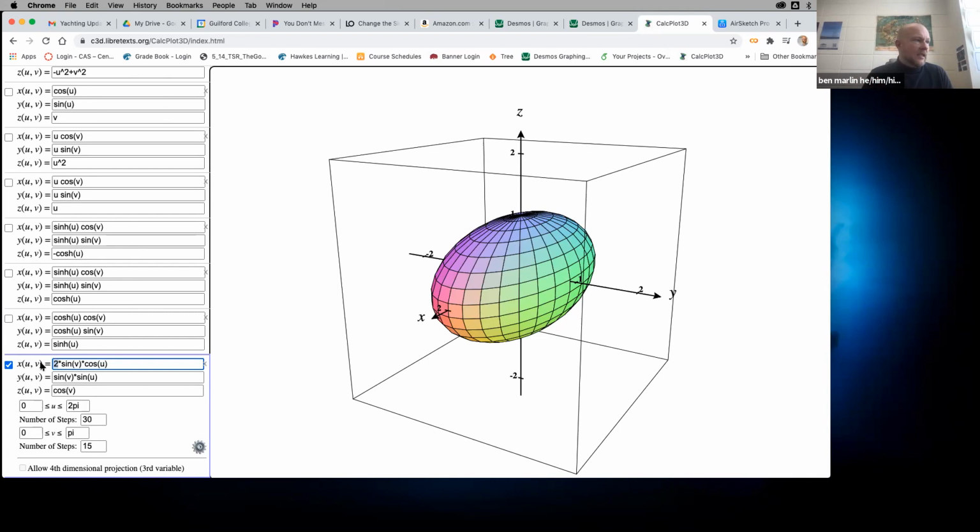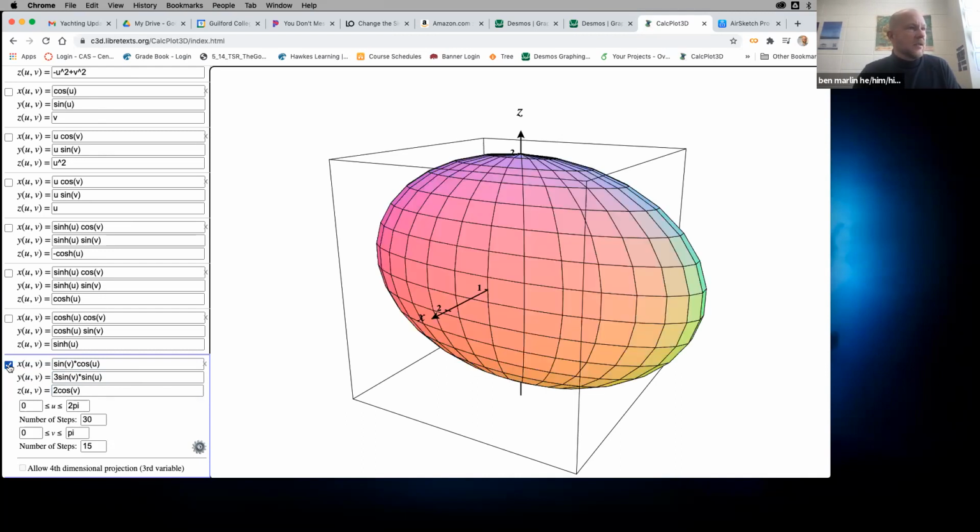Or alternately, if it had say 9x squared plus 9y squared plus 4z squared, I think those were examples that we had, we could put a 3 and a 2 in here, and it would squish things in.